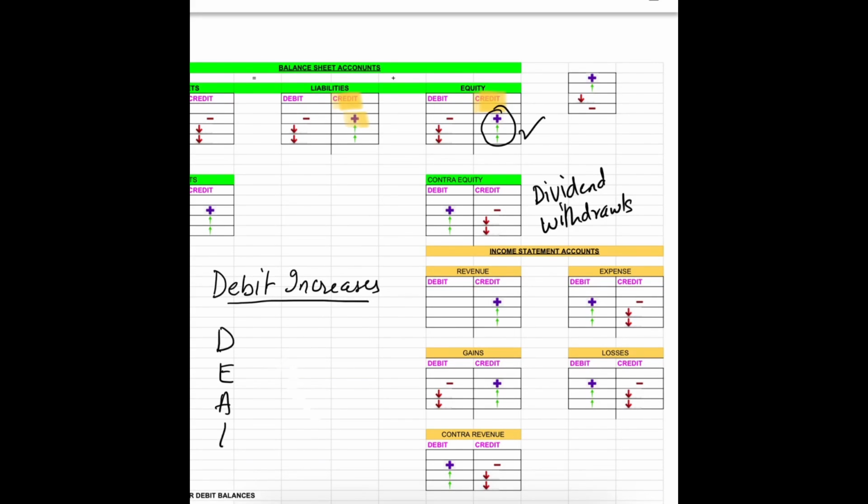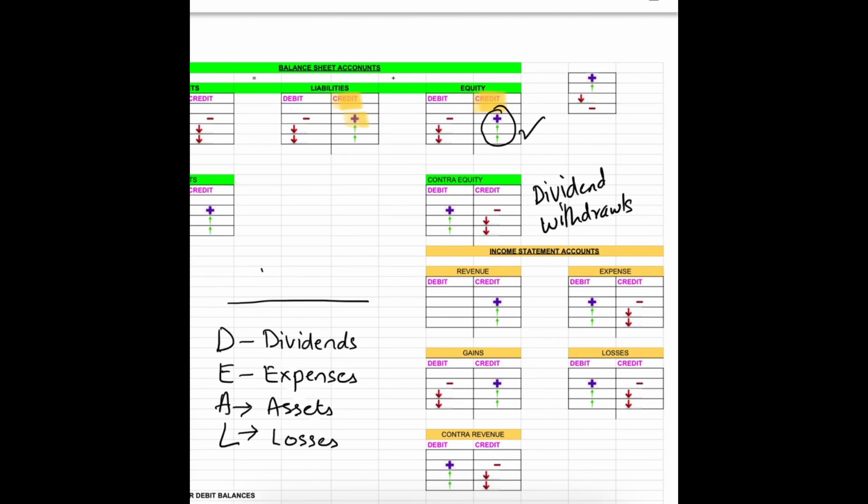The mnemonic for that is DEAL, where the D stands for dividends, E is for expenses, A stands for assets, and L stands for losses. So dividends, expenses, assets, and losses, they all will have their increases on the debit side.